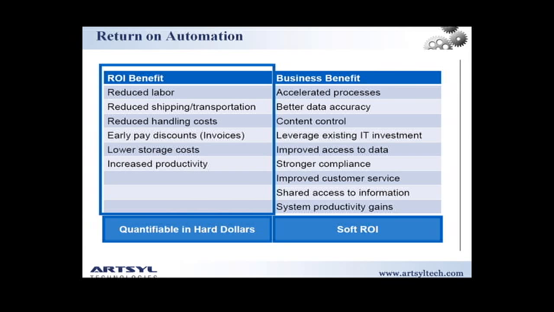And by implementing full AP automation, they were able to reduce that down to less than 15 days per invoice, and they were able to take advantage of early payment discounts on most of their invoices. So immediate cost savings in terms of early payment discounts.